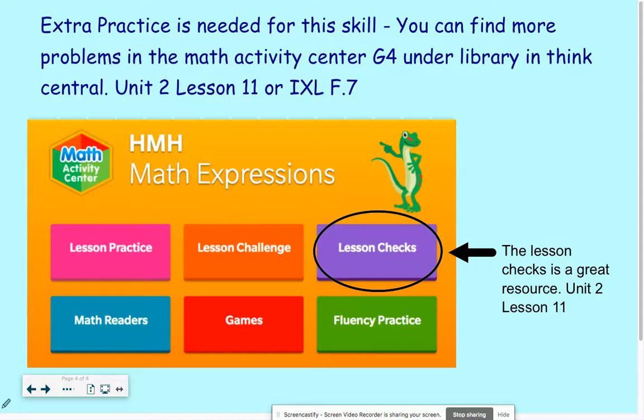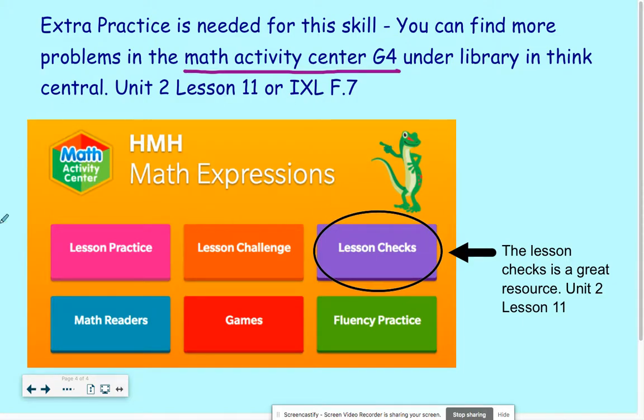So if you go to Think Central and then you click on Library or Materials, in there you'll find Math Activity Center G4. It might even add the word student.